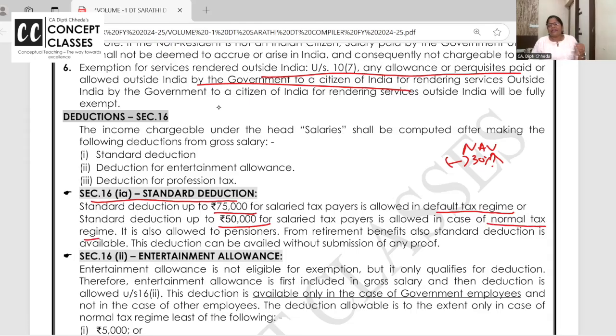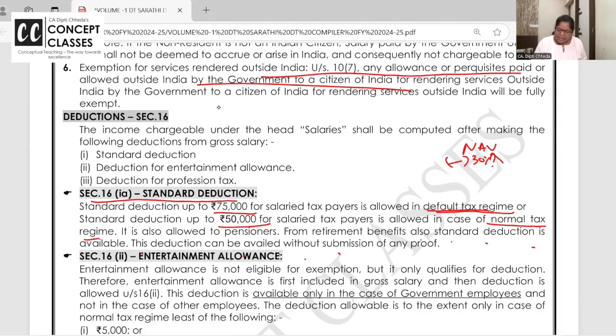Standard deduction is also allowed from the pension. From retirement benefit also, standard deduction is available. This deduction can be availed without submission of any proof. Whether my actual expenses are more or less doesn't matter. From the gross salary, you have to give 75,000 standard deduction in case of the default tax regime.